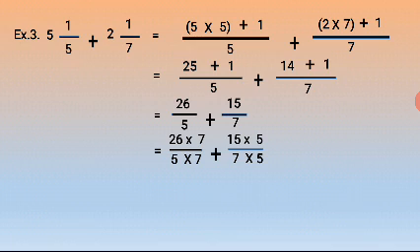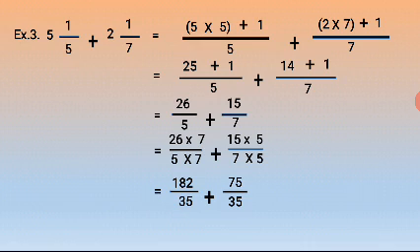So next step, we calculate the multiplication of each fraction. 26 into 7 is 182 upon 35, plus 15 into 5, that is 75 upon 35. Here the denominators of these two fractions remain the same.